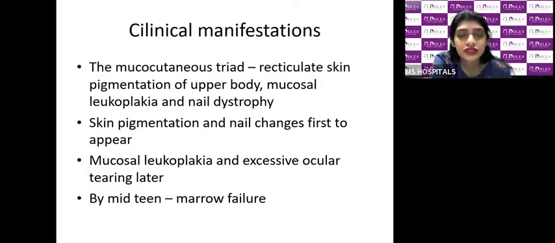Clinical manifestation: the mucocutaneous triad of reticulate skin pigmentation of the upper body, mucosal leukoplakia, and nail dystrophy. Skin pigmentation and nail changes are the first to appear. Mucosal leukoplakia and excessive ocular tearing come later, and by mid-teens there is marrow failure.